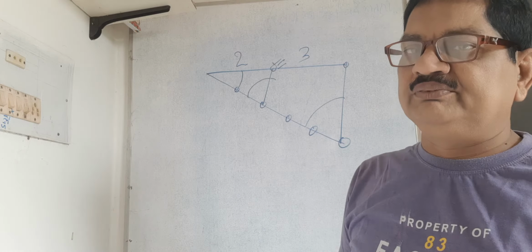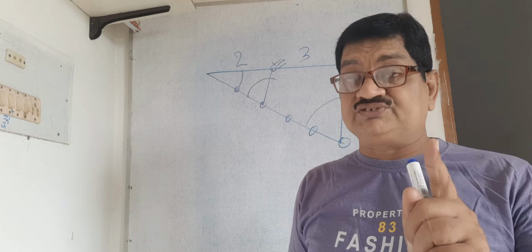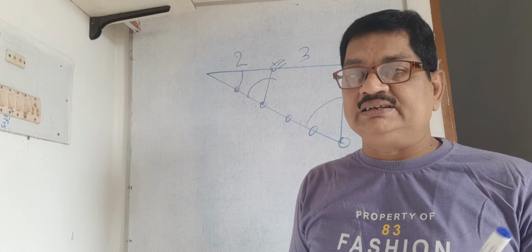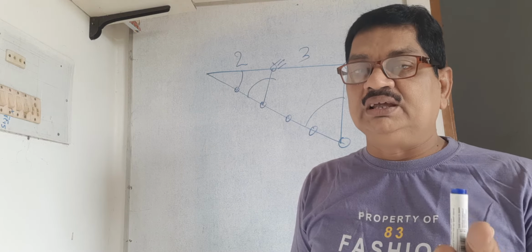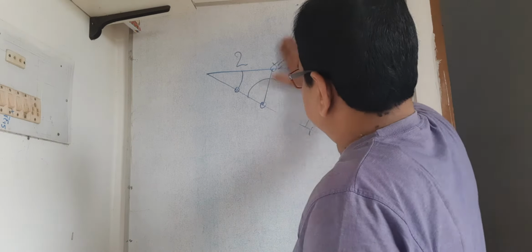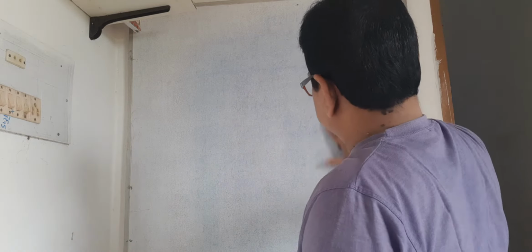Suppose we are given a triangle and we have to construct another similar triangle, in which each side is 2 by 3 of the sides of the given triangle. Then how can it be constructed? Let's see here.